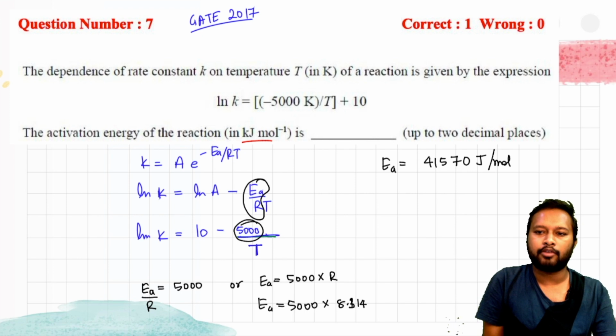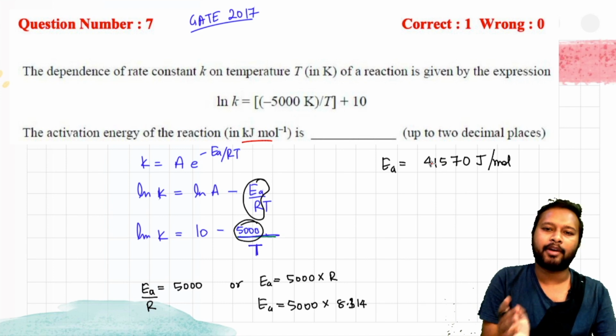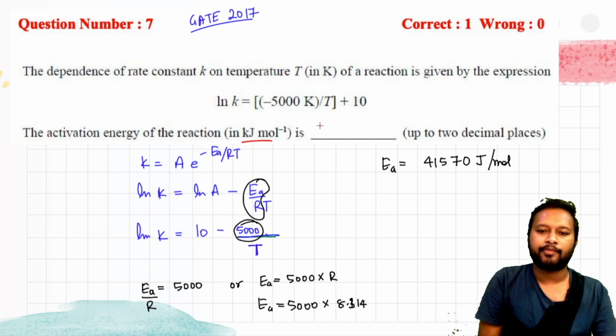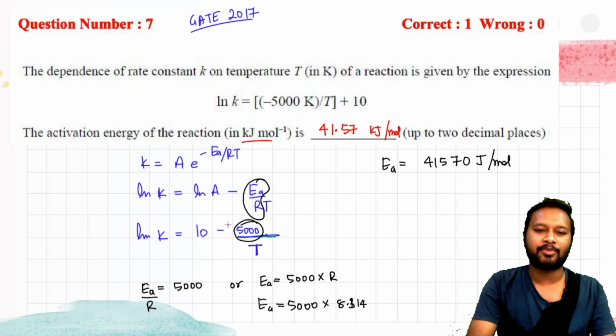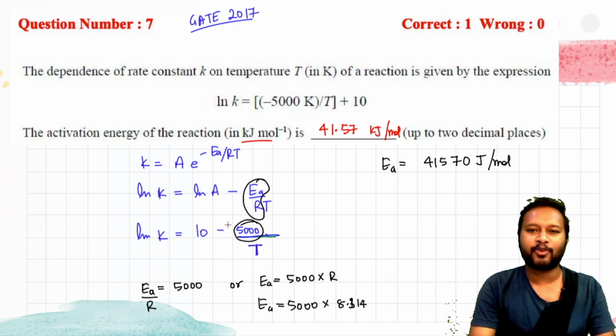In kilojoules per mole, you can just shift the decimal by 3 digits, so it will become 41.57 kilojoules per mole. So that is going to be the final answer for this particular question. This is how this question has to be done. Simple and straight question, just a 1 marker question. Let's go for the next one then.